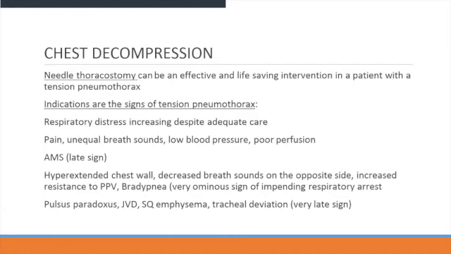So the needle thoracotomy. It can be an effective and life-saving intervention in a patient with a tension pneumothorax.